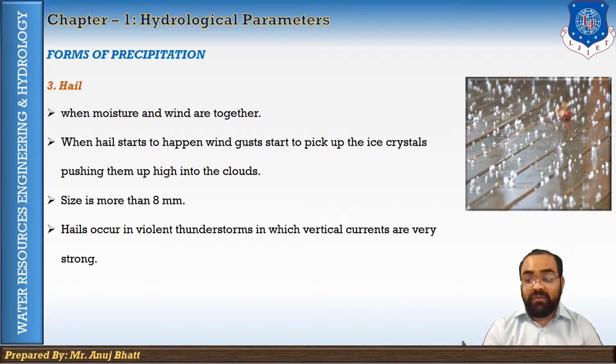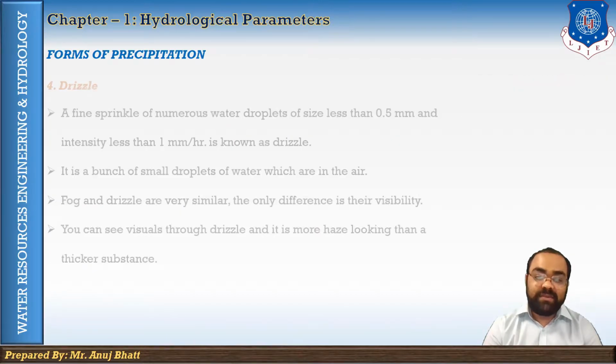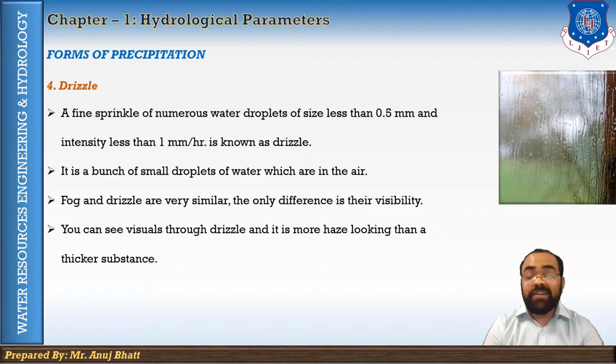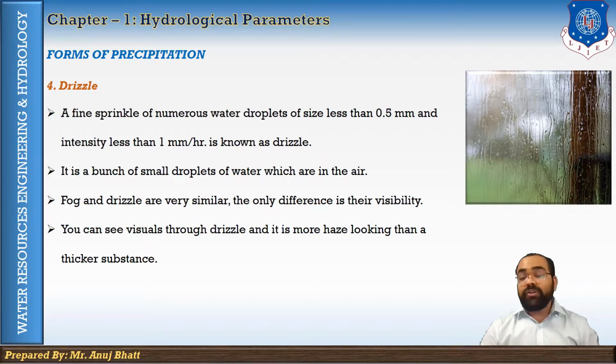Sometimes we have observed such particles even in India some time before. Okay, now let's talk about drizzle. A fine sprinkle of numerous water droplets of size less than 0.5 millimeter and intensity less than 1 millimeter per hour is known as drizzle.